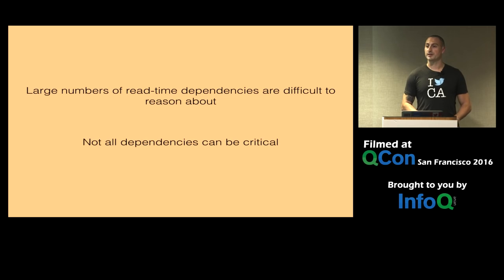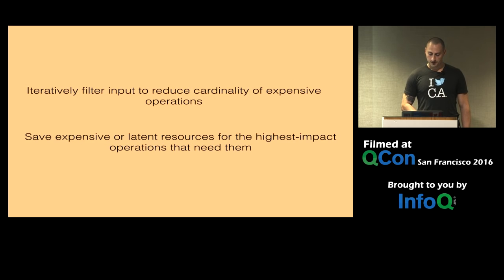Large numbers of read-time dependencies are very difficult to reason about. Not all dependencies can be critical. It makes a lot of sense to define service tiers in your architecture: a tier of things where we cannot successfully satisfy the request without serving data from this request path, and a tier of data that could be degraded in some sense that would still provide a reasonable experience for the user.